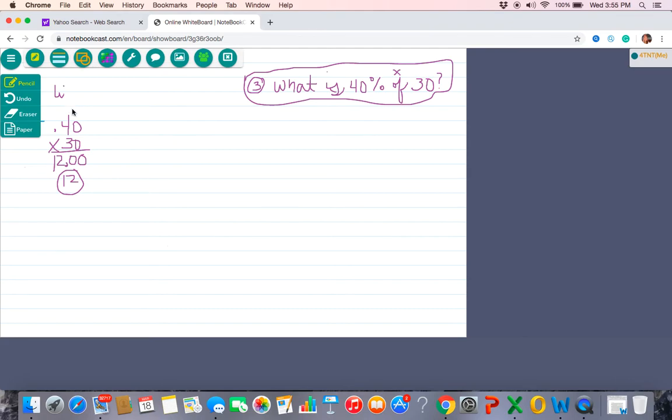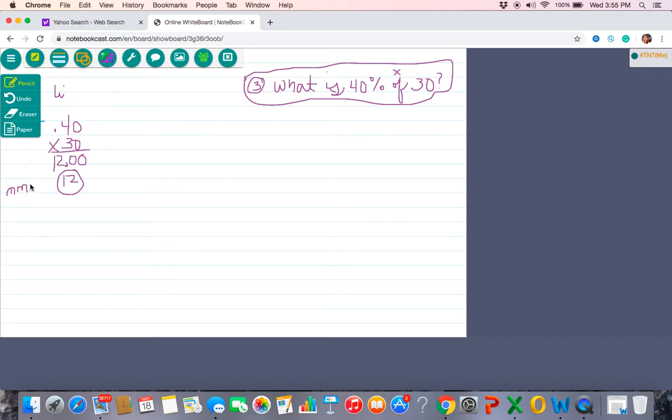So that's one method, and this is one of our proofs, one of our ways to check. Then I'm going to look at another way on this side. If you remember with mental math and moving the decimal, in this case we can just take the zeros out, which makes it even easier with our mental math.